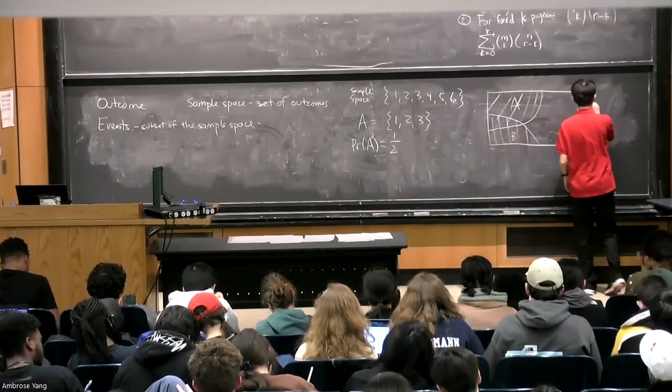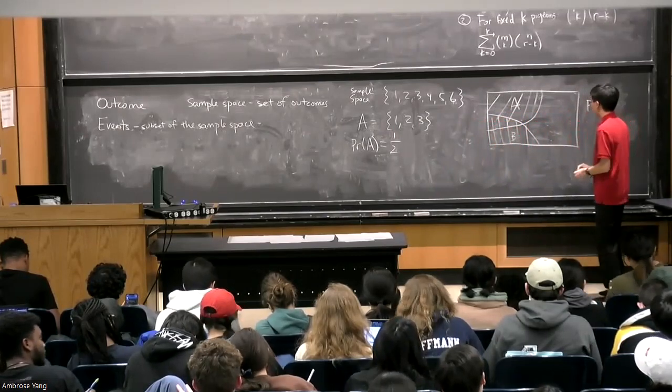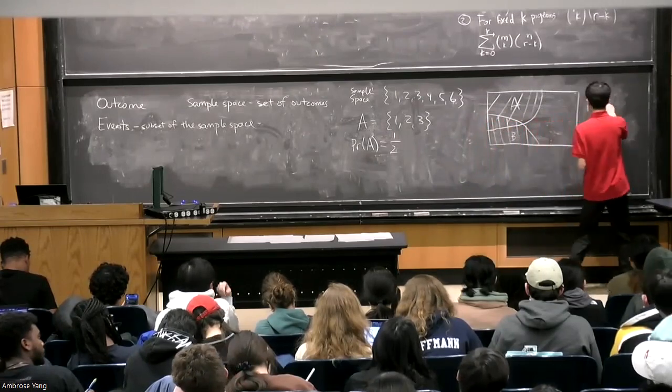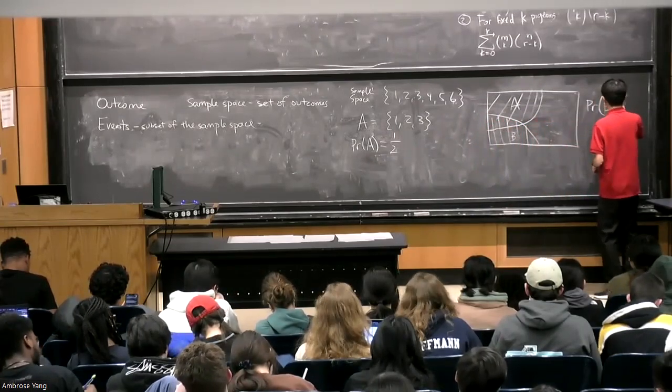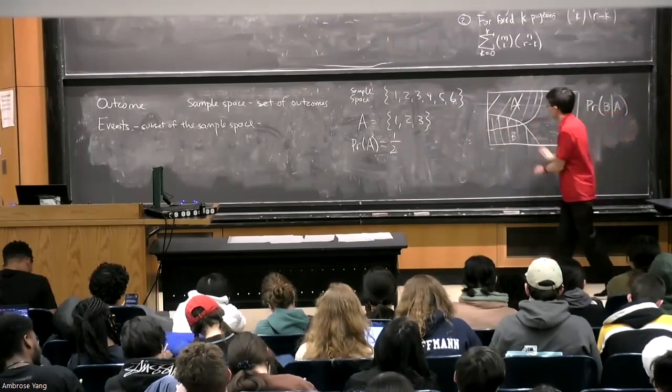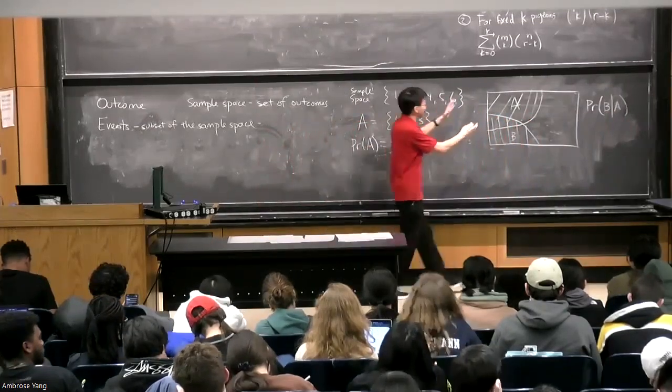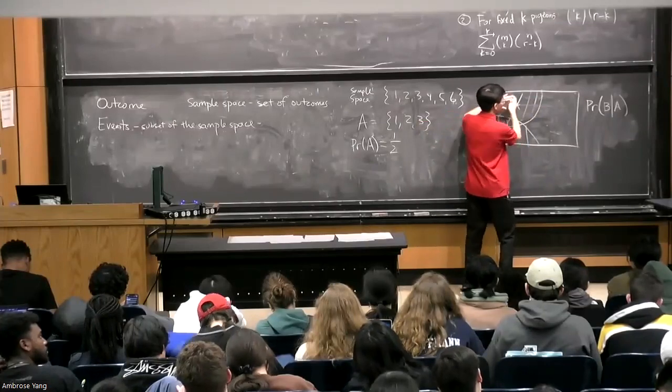But let's say we're now talking about the probability of B given A. When you're just calculating the probability of A, you're essentially taking how much stuff is in here, dividing by how much stuff is in total.